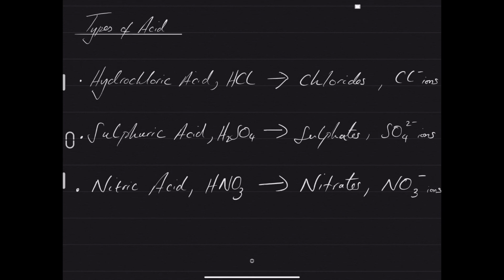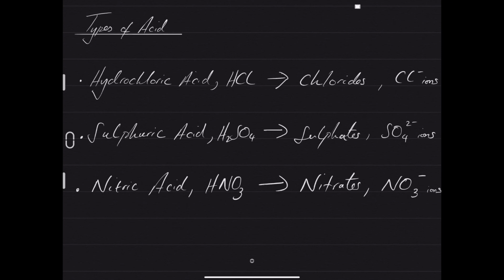So you need to be familiar with these acids because they also turn up in biology as well. Specifically, when we have certain reactions in biology, we will come across some of these acids again. So you need to be familiar and comfortable with the name, the symbol, the chemical formula of the acid, i.e. HCl, H2SO4, HNO3. You need to be comfortable with the corresponding types of salts they may create with metals: chlorides, sulfates, nitrates.